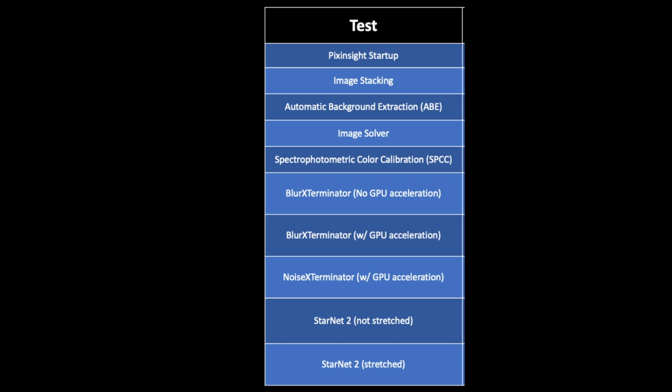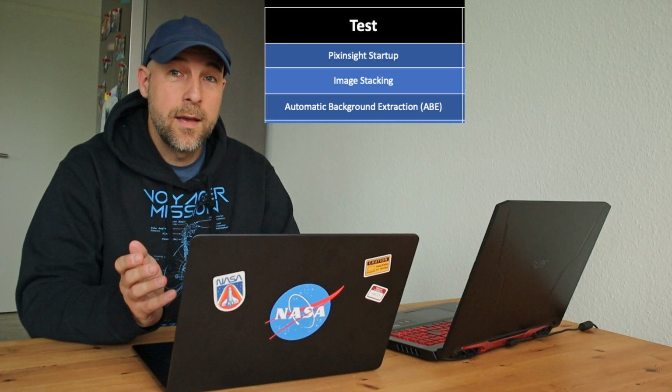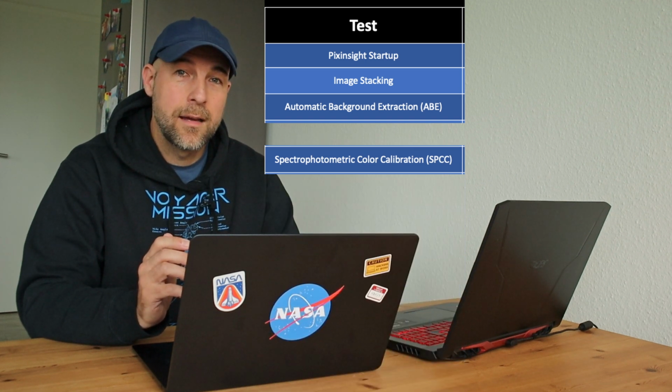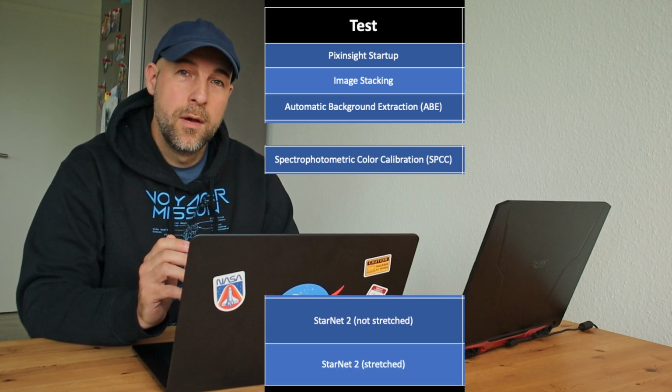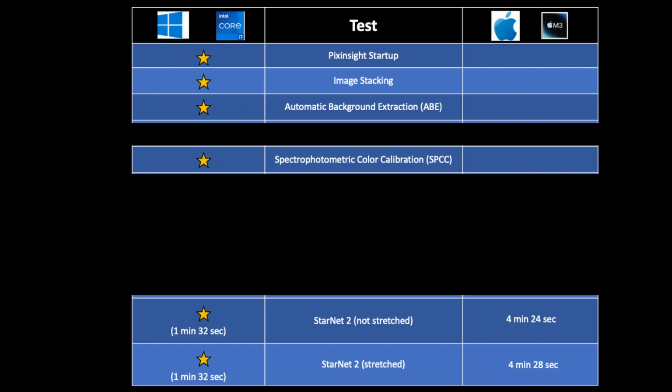Alright, now that we've completed all the tests using PixInsight's tools and plugins, let's break down the final results. For startup, image stacking, automatic background extraction, spectrophotometric color calibration and StarNet 2, both stretched and not stretched, the Windows gaming laptop came out on top, thanks to its raw processing power and active cooling system.